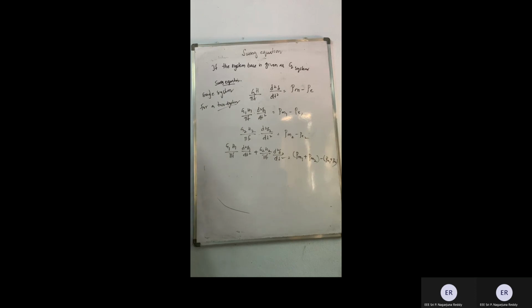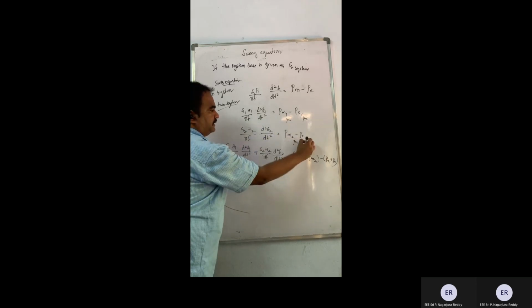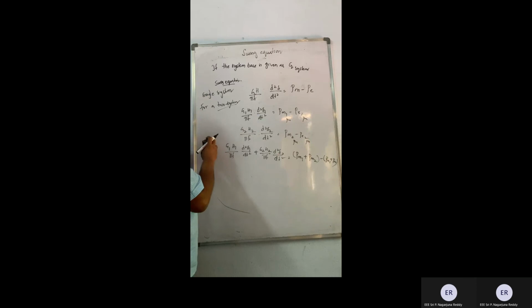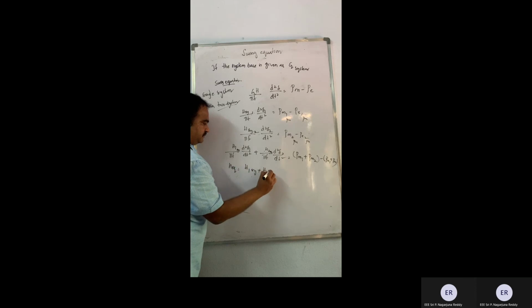No, I shouldn't do this because the bases may be different. That's why I am supposed to make it per unit. Unless you do per unit, you shouldn't join like this. So what I'll be doing, I'll make this H system 1 and this H system 2. Now you can join this. This is H1 system, this is H2 system. Now my H equivalent will become H1 system plus H2 system.